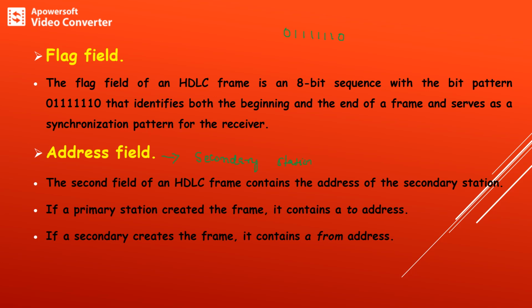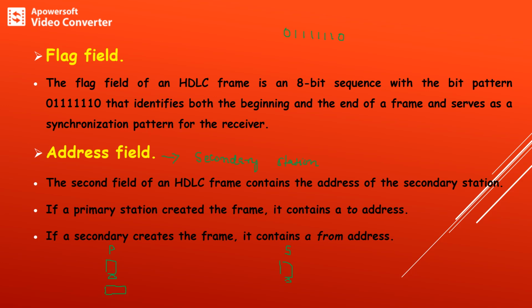Suppose I consider one primary and one secondary station. This is the primary station, and this is the secondary station. We know that the address field carries the address of the secondary station. Suppose the primary station creates the frame.